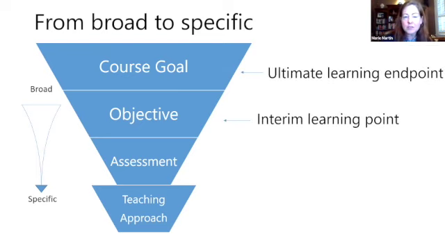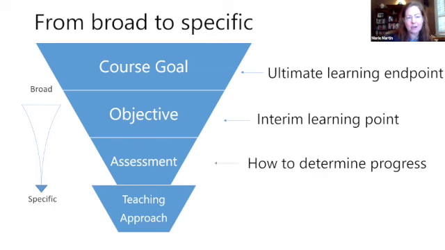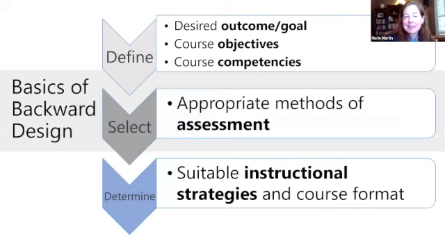So there's this ultimate learning endpoint of the goal and this interim point that you can maybe measure during each session you're together, how you determine progress, and then how you get there and what you do to get there. So that leads us back to backwards design.